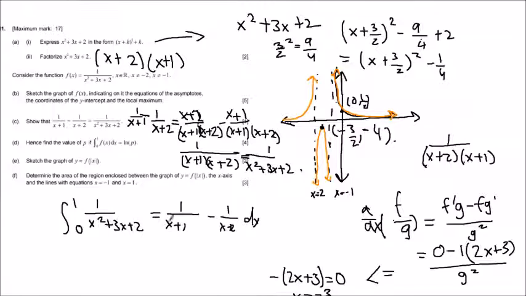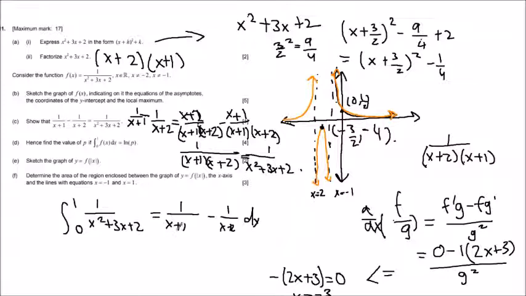So this is a partial fraction activity that they basically just gave you the partial fraction for already, so that's really cool. You know that the derivative of ln x is 1 over x, so the integral of 1 over x is just ln x.